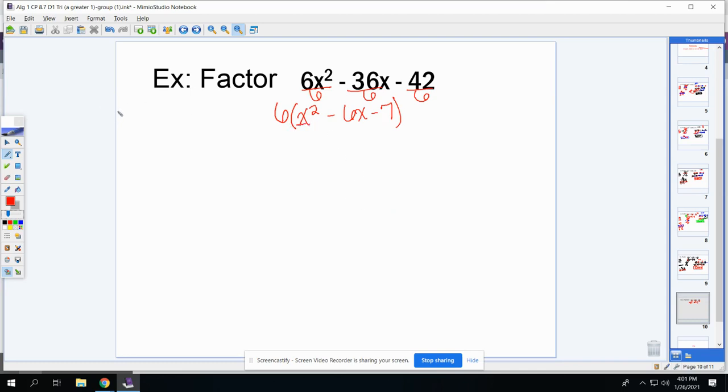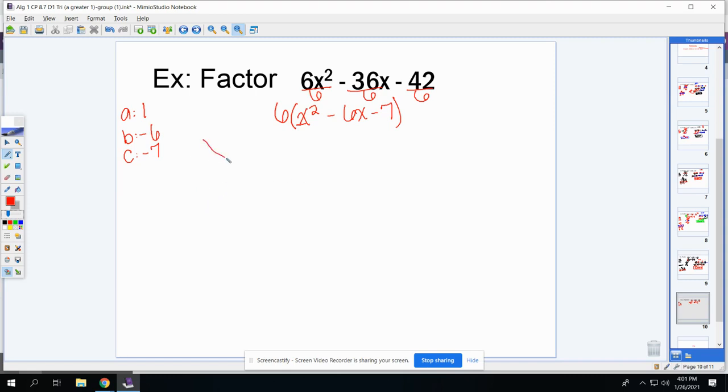What do you notice about the A right here? Well, the A is 1. All right, the A is 1. So this is actually going to change up the way that we do it. B is -6, C is -7. With A being equal to 1, we are going to do this just like we did in the previous week. We're not going to do it the way we have in the rest of this lesson, but we're going to look at what we did last week.